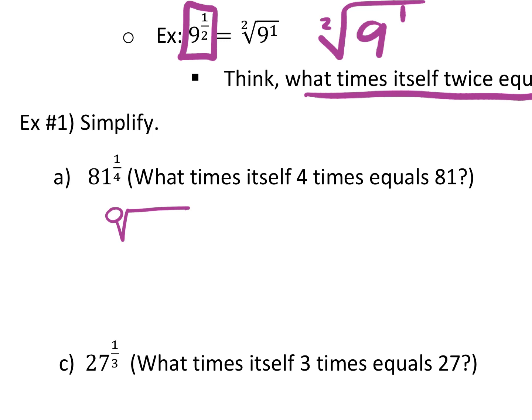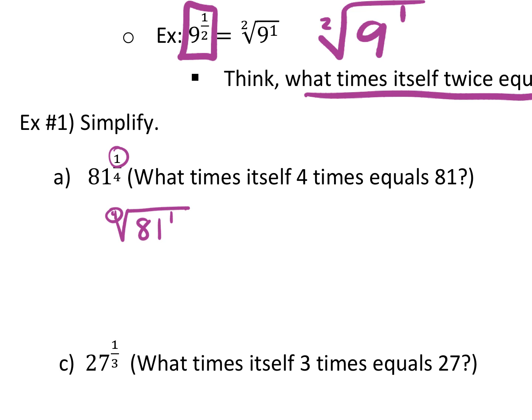It's the 4. It's your root. It's that number on the bottom that goes here. So this is a fourth root of 81. 81 to what power? The first power. So this is a fourth root of 81, which means the question you should be asking yourself is what can I multiply by itself 4 times to get 81? So what times itself times itself times itself is 81?